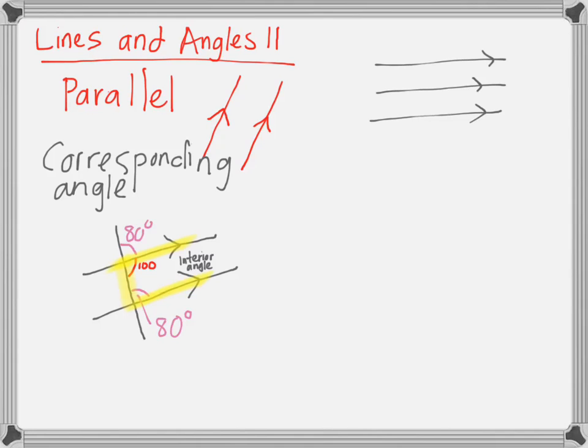Then one line crosses over here, and another line goes over here. Now we start to learn about the angles. Let's say this line and this line are not parallel, so they have no relationship.